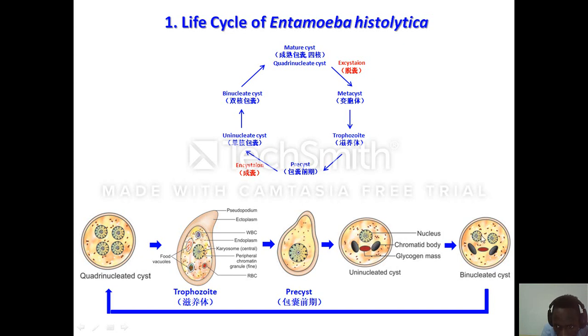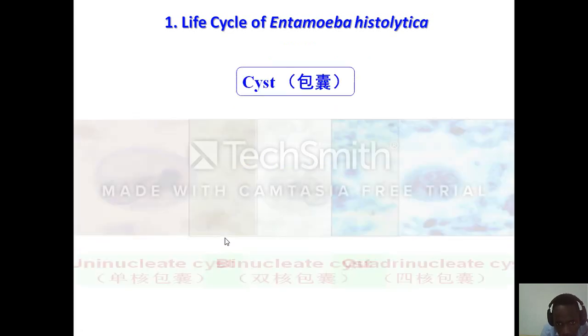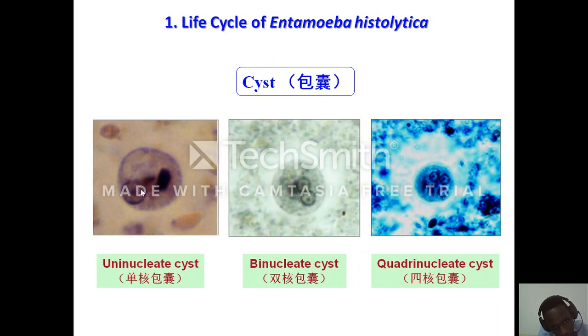So you have to see the same thing here. You can't see the peripheral chromatin granules very well, but at least you can see the chromosome in the center.